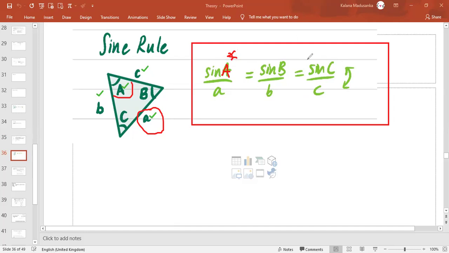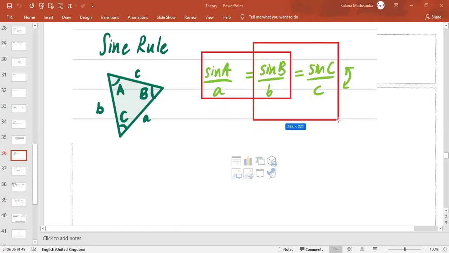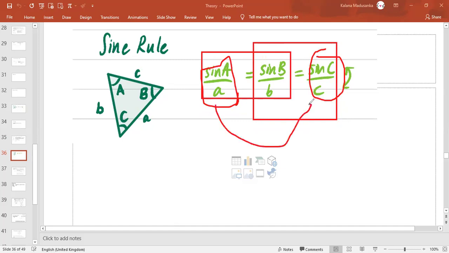What is the importance of using the sine rule? You can say the same thing, right? Not a right angle triangle. And what are the requirements? You don't need much, right? You can either use these two equations or these two equations, or otherwise you can compare this one to this one, because all of them are equal to each other.